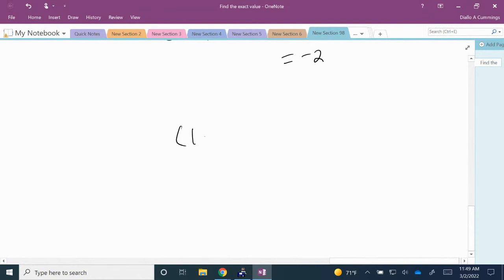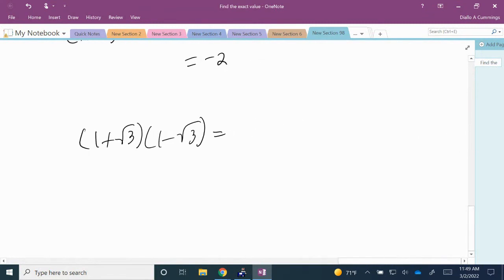So 1 plus the square root of 3 times 1 minus the square root of 3. We can multiply the first terms: 1 times 1 is 1. We can multiply the outermost terms: a positive times a negative is a negative, so 1 times the square root of 3 is negative square root of 3.